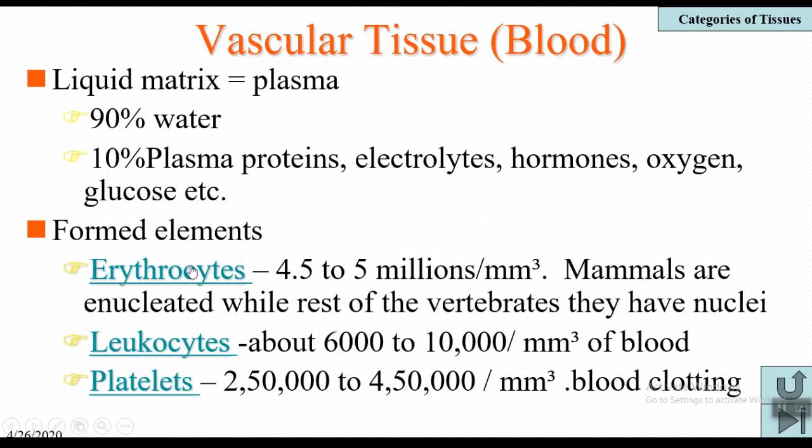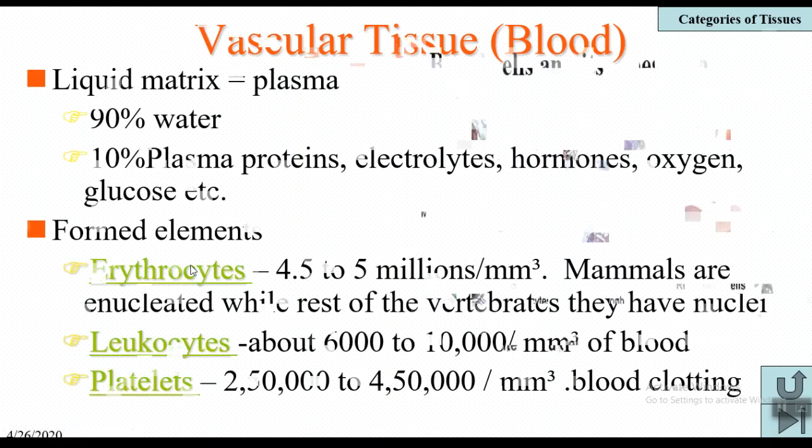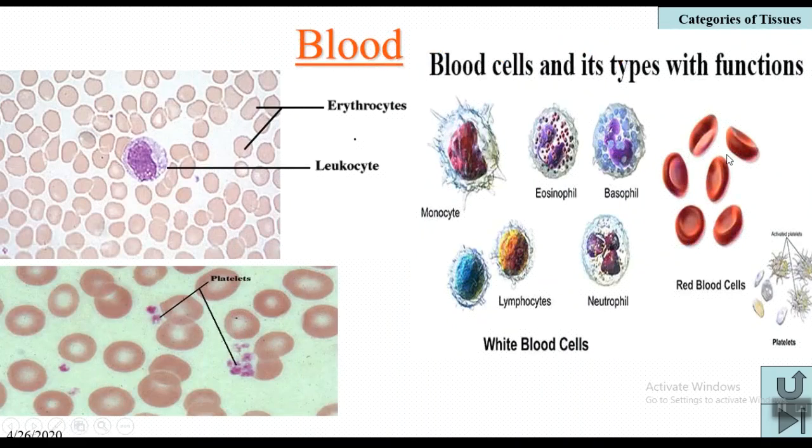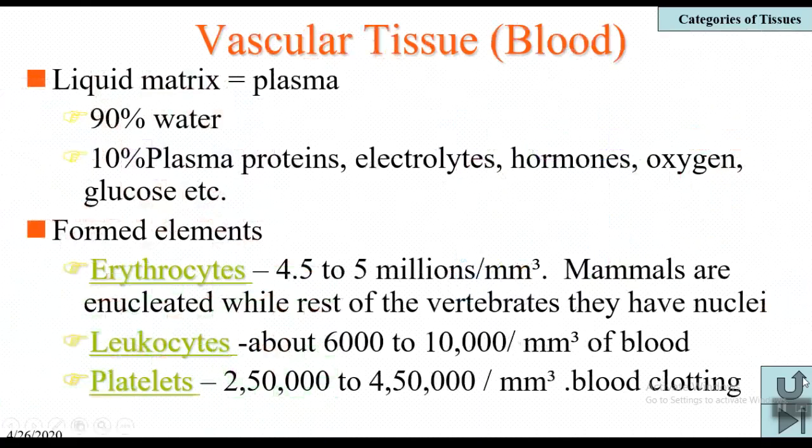These erythrocytes, also called red blood cells, here you can observe the red blood cells. These are erythrocytes. Because of their red color, they are called red blood cells, and they are red because of the presence of hemoglobin.